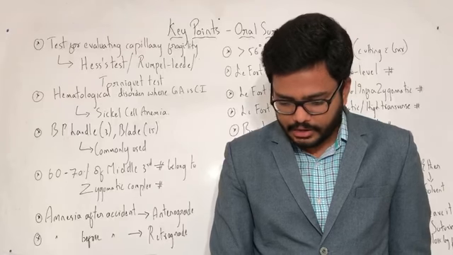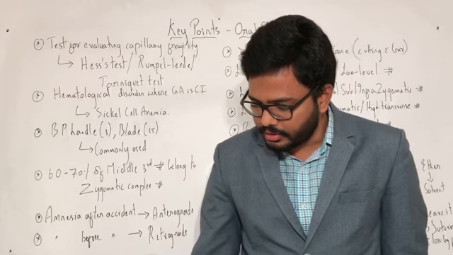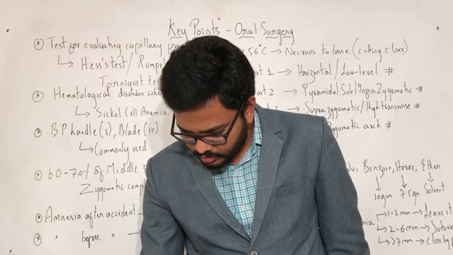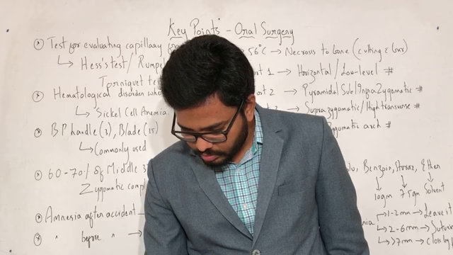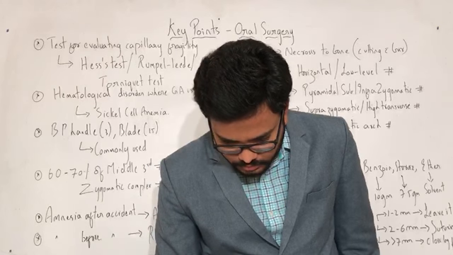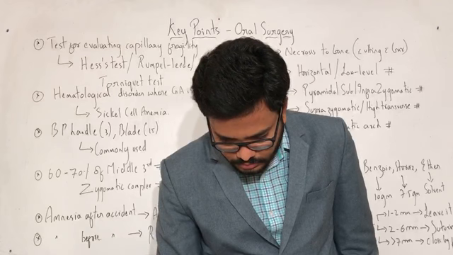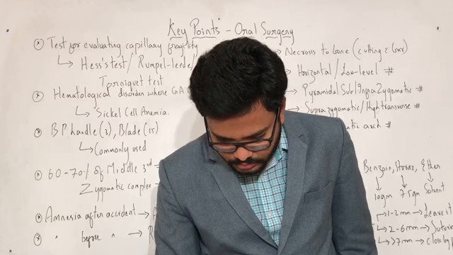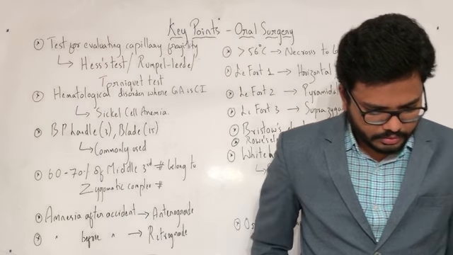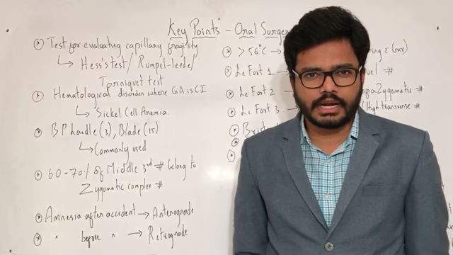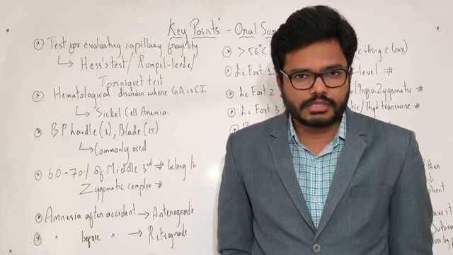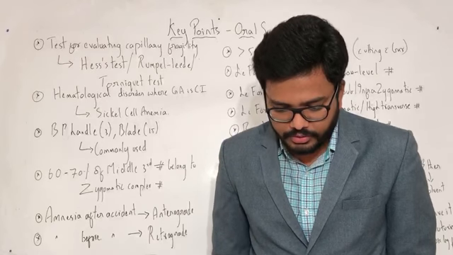Yes, both conscious and unconscious, right? We discussed the minimum score is 3, maximum 15, less than 9, poor prognosis, right? Fine. So one final question.